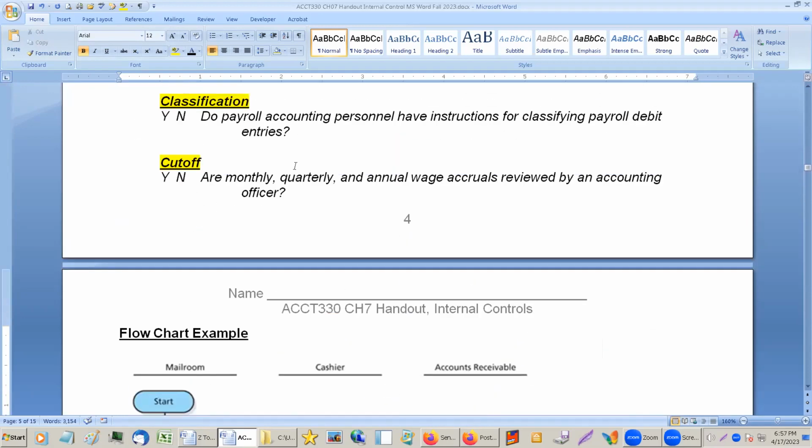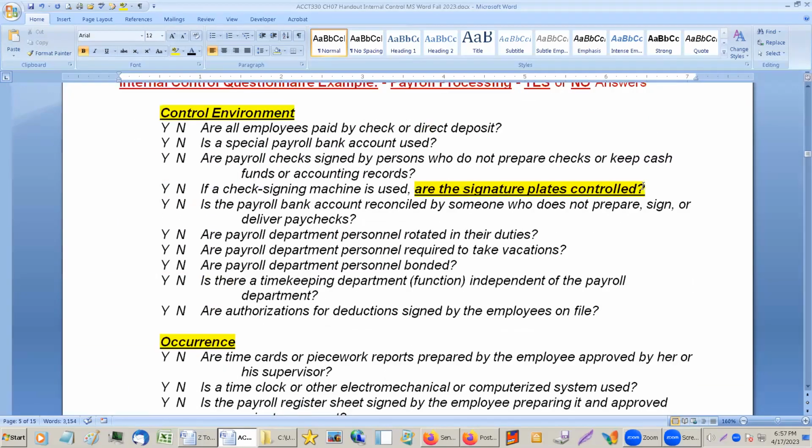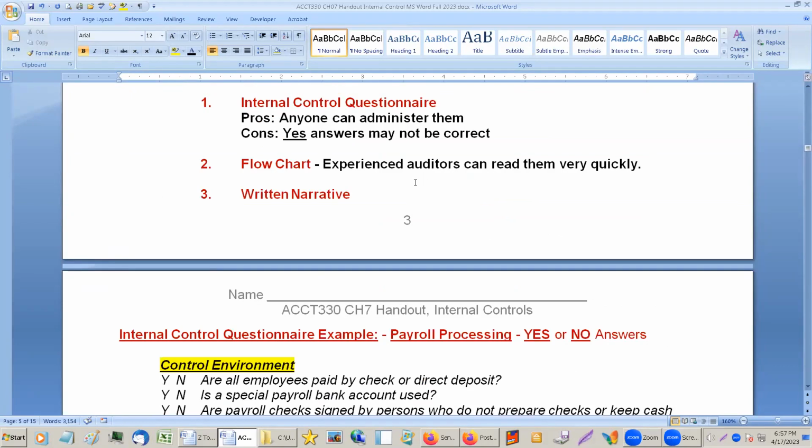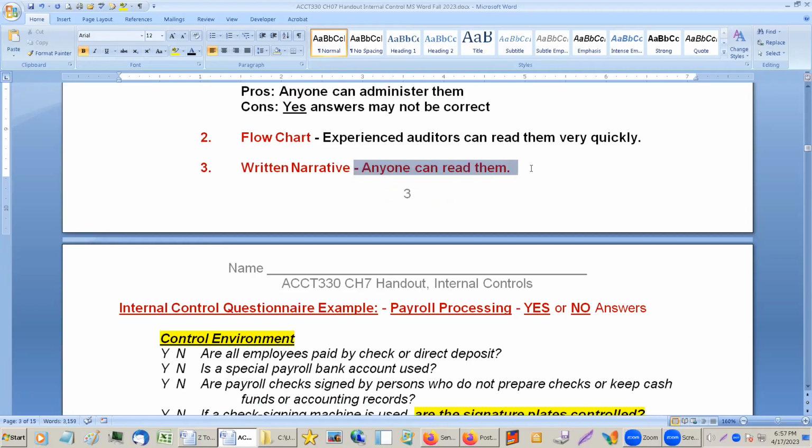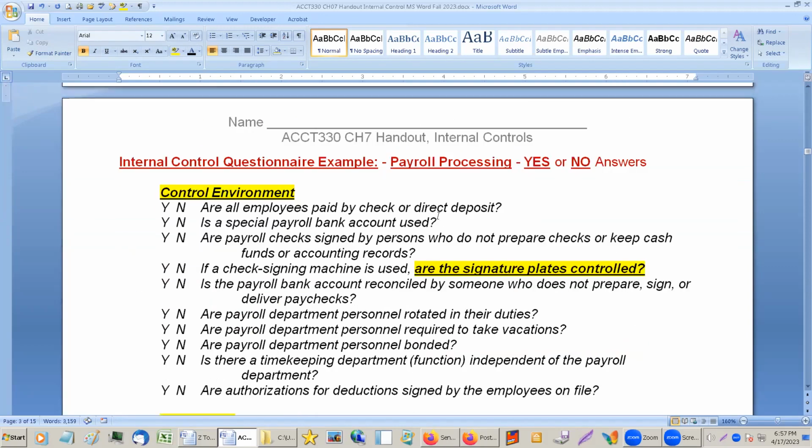Now, the good thing about written narratives is that anyone can read them. So flowcharts are good in that experienced auditors can read them very quickly. Written narratives are good in that anyone can read them.